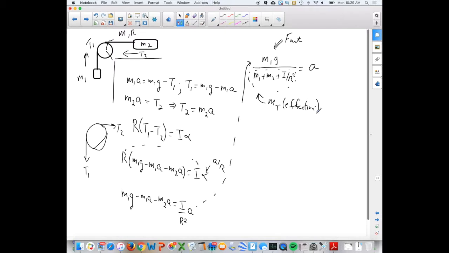Again, if I substitute in the value for a disk, this looks like M1G over (M1 plus M2 plus 1/2 of what we'll call big M) is equal to the acceleration. So when I add a pulley that has both mass and a radius, the only impact is that I have to account for the force or the torque that makes it accelerate.